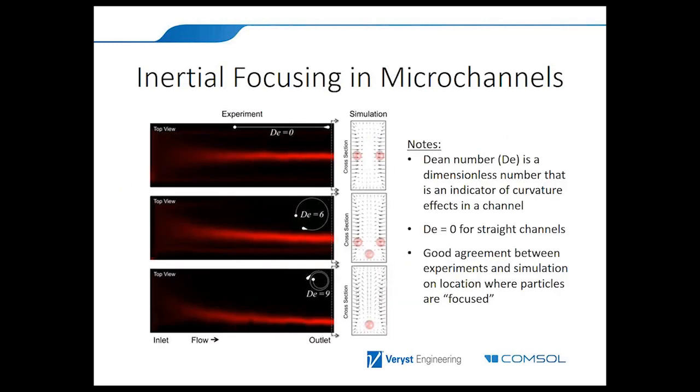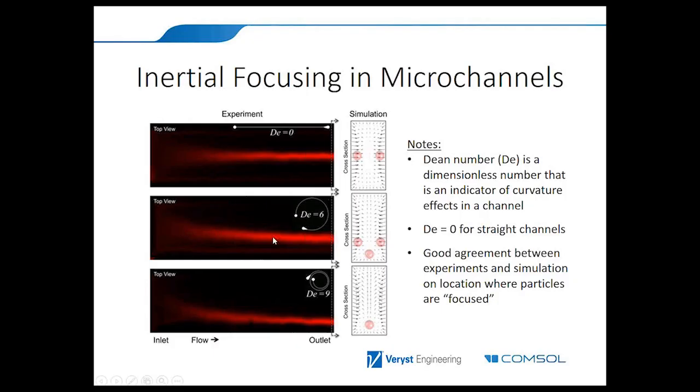So here are some experimental results to compare with the simulation. The agreement was very good. The first line here is the straight flow. So D number 0 means it's a straight flow, and the higher the D number, the higher the curvature. So in this case, random flow comes in here, and you see it's focused where we expect it to, with a certain curvature of the channel.